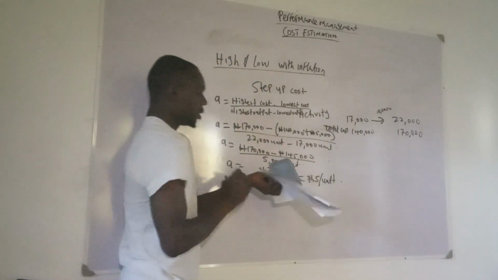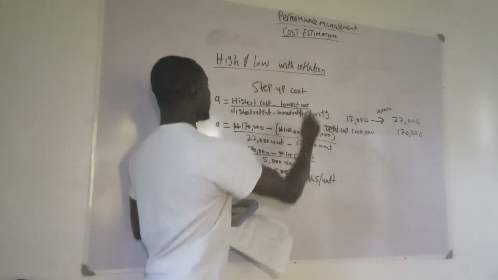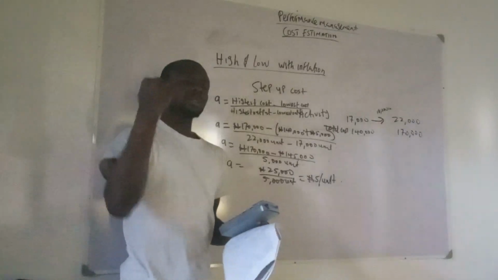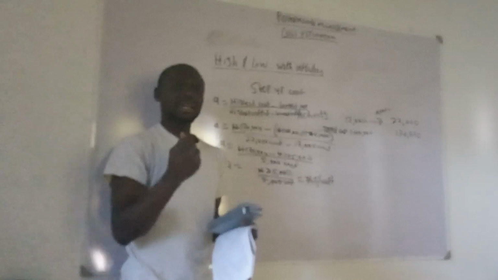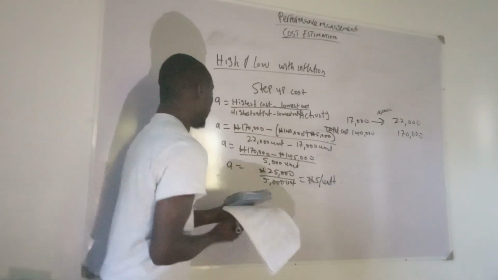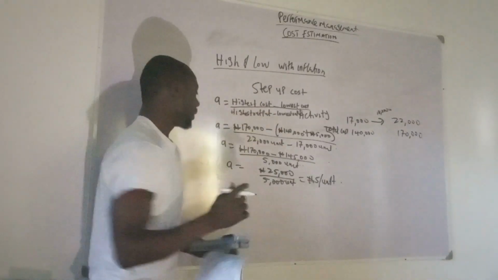Which means that your variable cost now will be 5 naira per unit, because you've effected the step up cost, right?